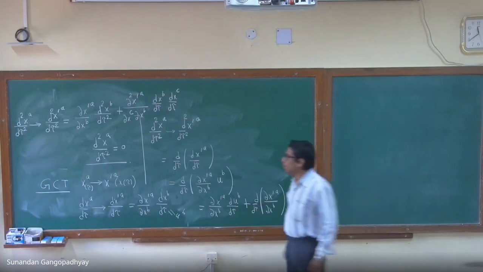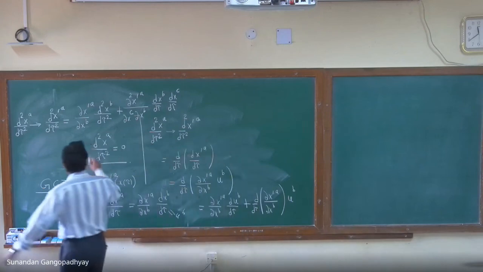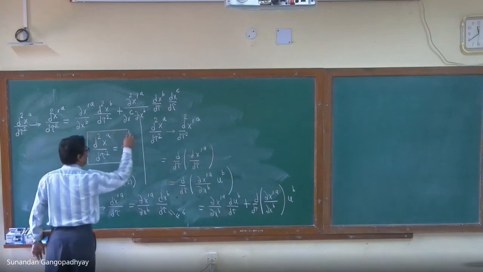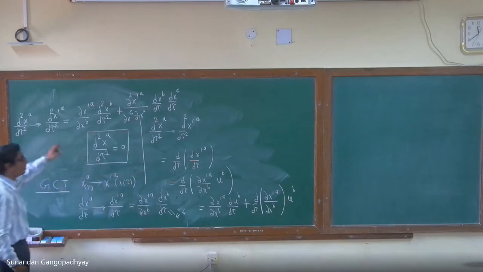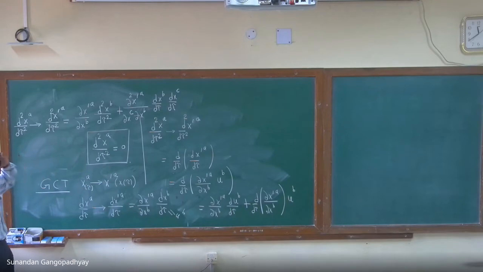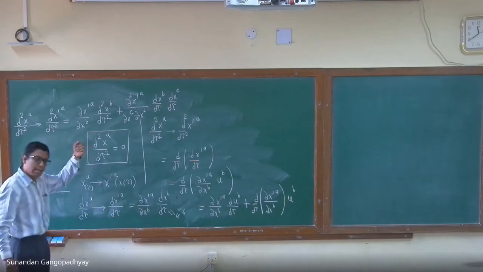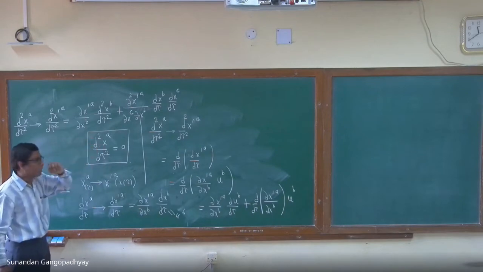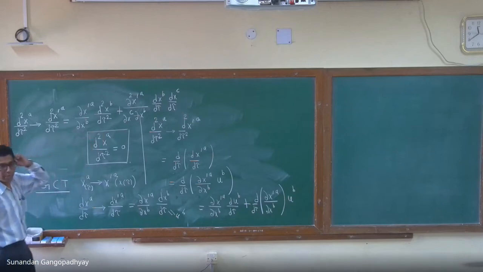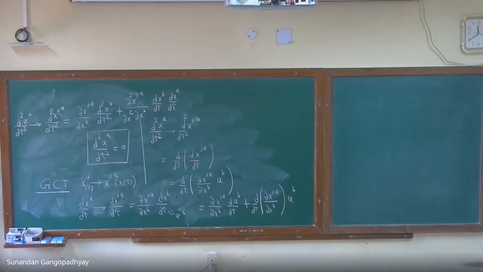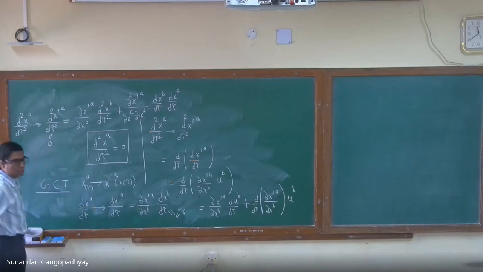So we can immediately see that if we demand this to be the equation in curved spacetime for a free particle, then this equation, which is completely valid in flat spacetime, there's no problem with it. But if you demand that the same equation remains valid in curved spacetime also, then this particular equation does not transform in a covariant way, because under GCT this will be equal to 0.